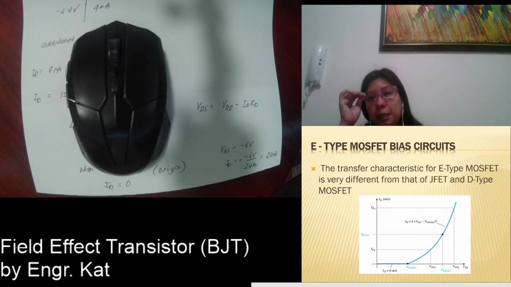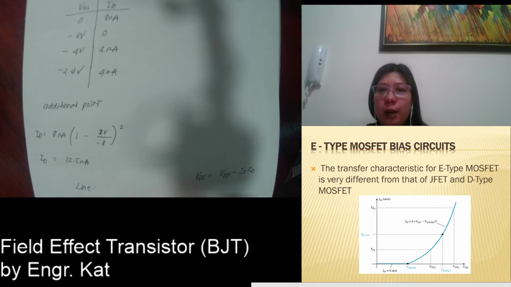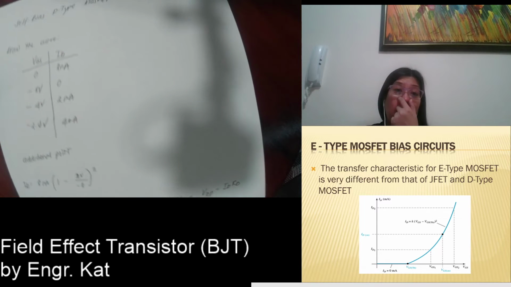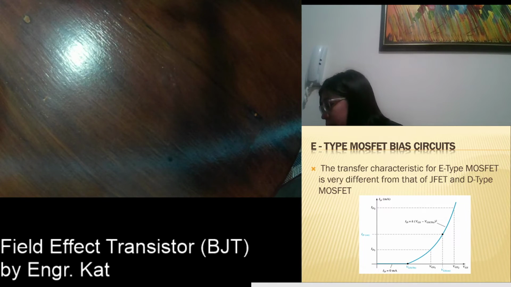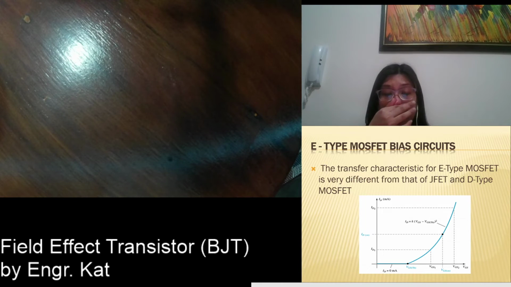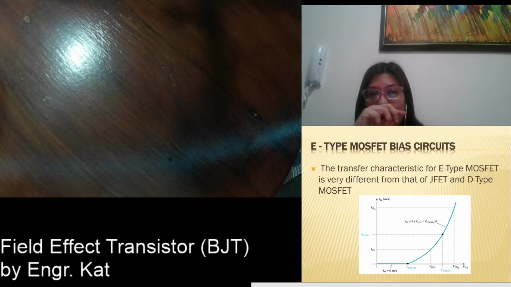Okay, now for E-type MOSFET, this is somewhat different, because E-type or enhancement type MOSFET doesn't make use anymore of your Shockley formula. So the transfer characteristic for E-type MOSFET is very different from the JFET and the D-type MOSFET. So this is how we are going to draw the transfer characteristic.